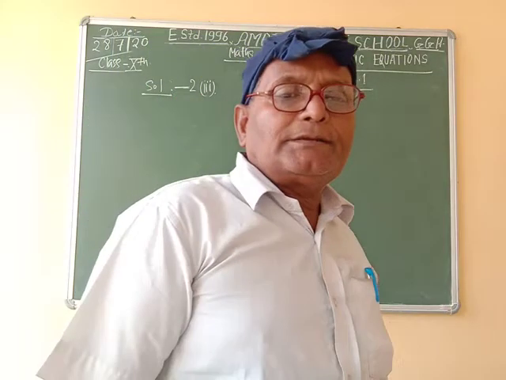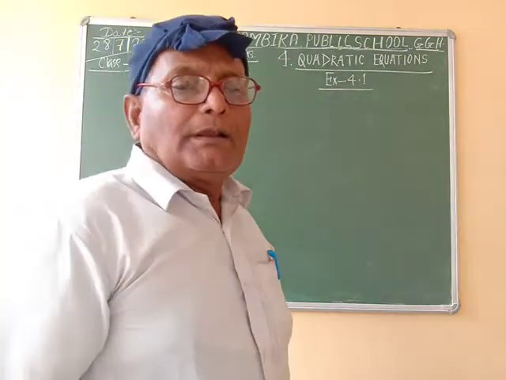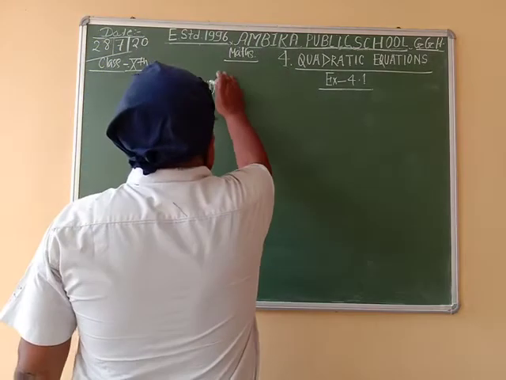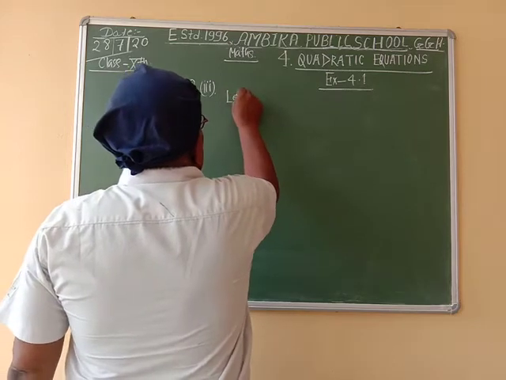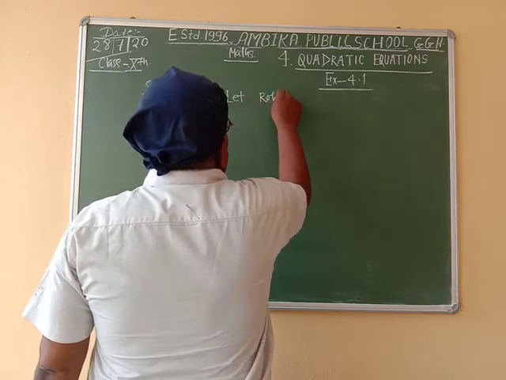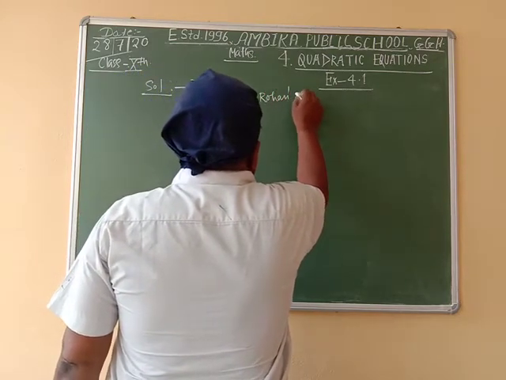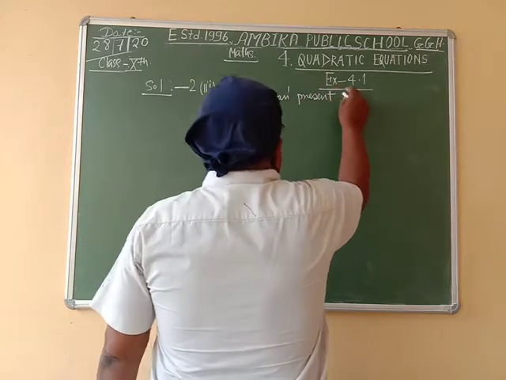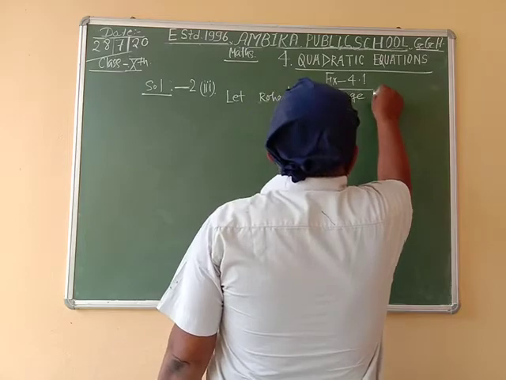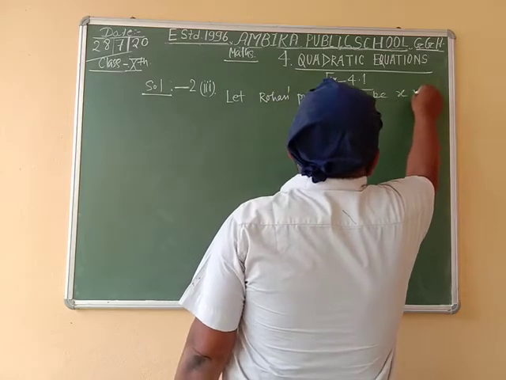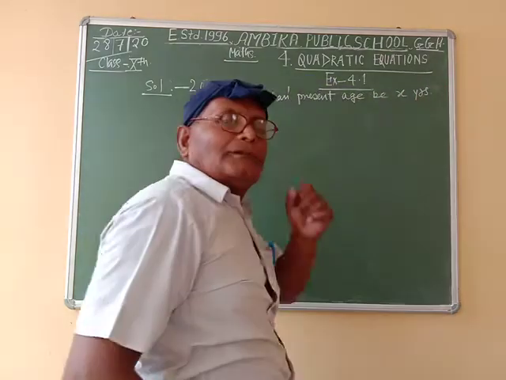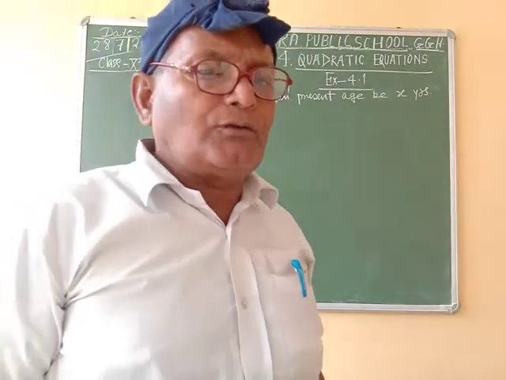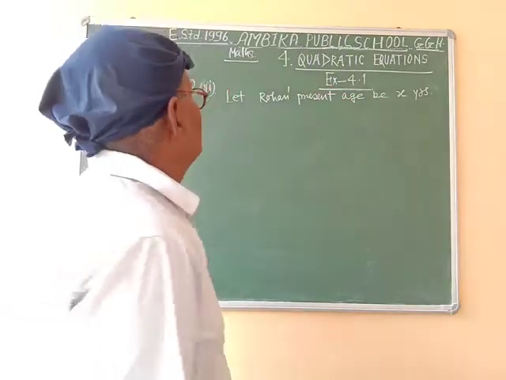Let Rohan's present age be x years. Rohan's mother is 26 years older than him.